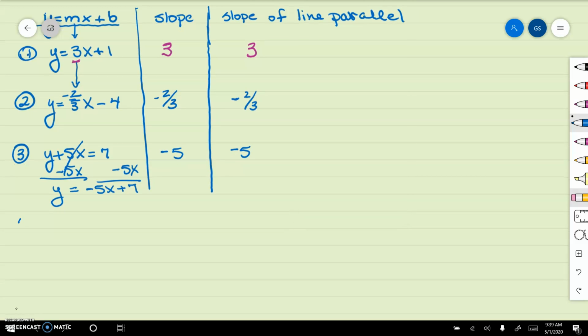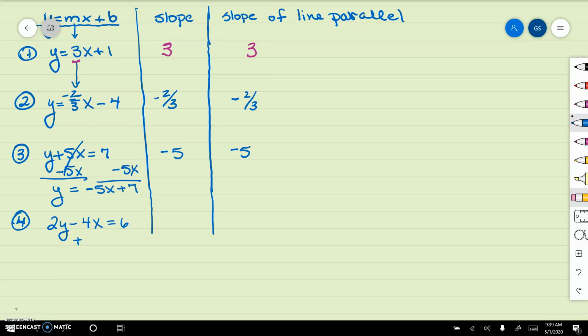All right, number 4. 2y minus 4x equals 6. Okay, I'm going to extend these a little bit. Again, we have an equation that does not have the y alone. It is not in y equals mx plus b form, so we have to fix that.